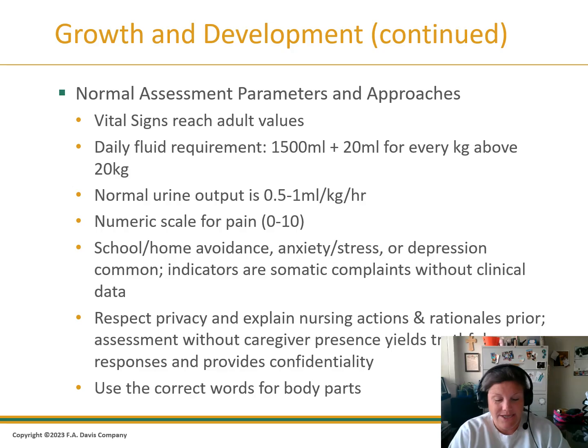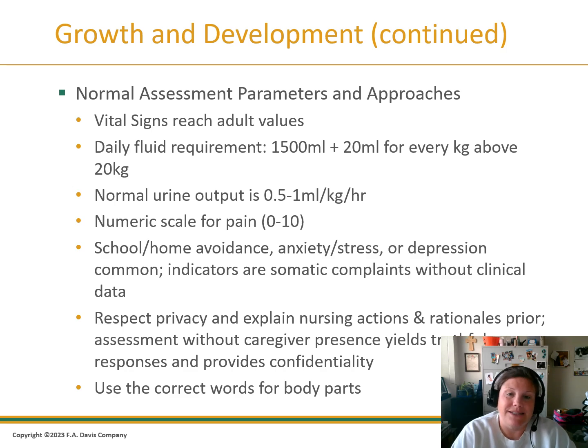What is 100 divided by 2.2? That's 45, so about 45 kilos. Well, we're not concerned with the first 20 kilos, that's represented by the 1500. So I'm going to subtract 20 from that, and that leaves me with 25 kilos.